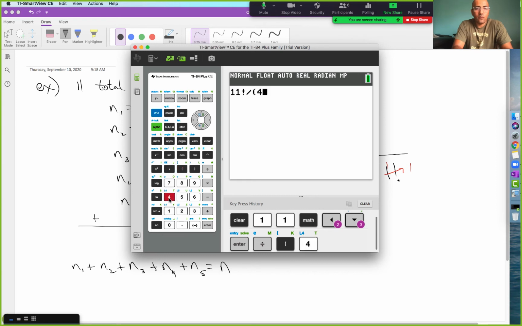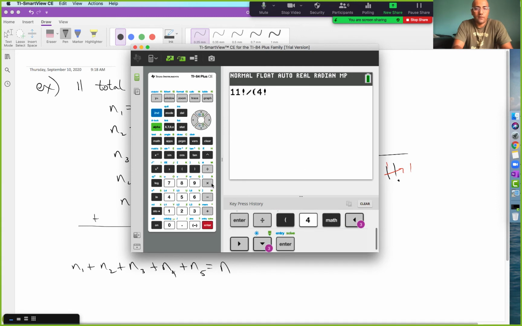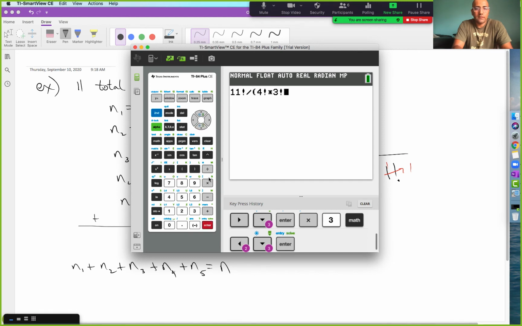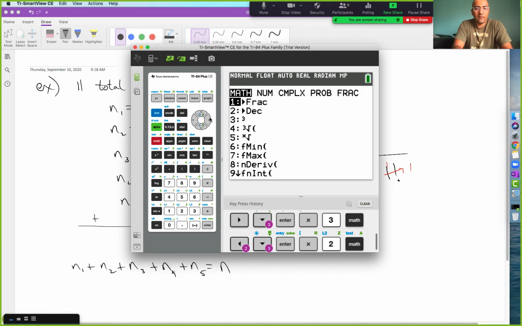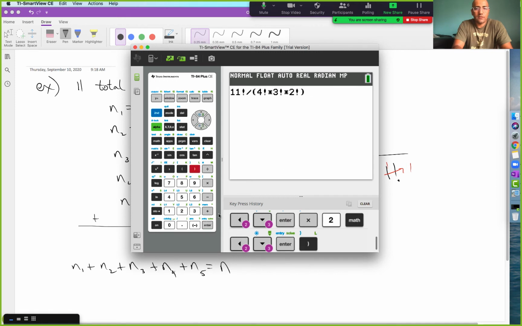And we had 4 math factorial times, and now we had 3 math factorial times, and then 2 math probability down factorial. Close parentheses, enter, and that's what we get.